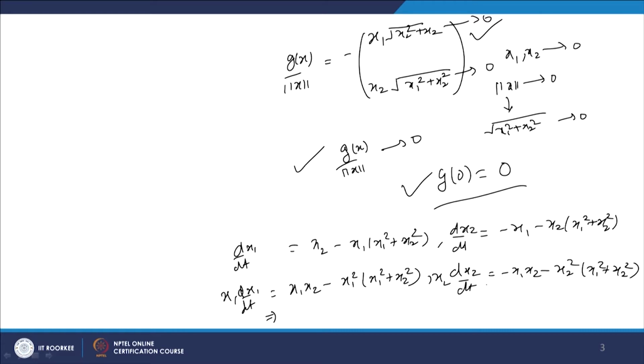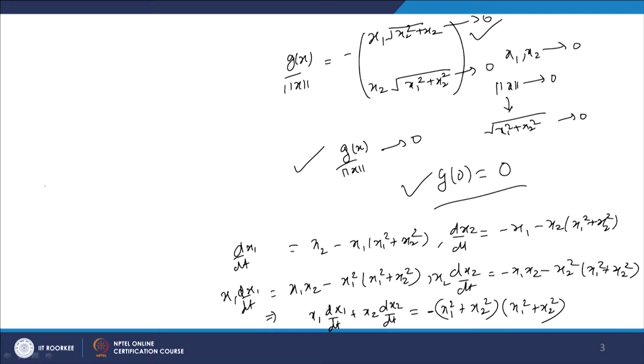When you add these two, x1 dx1 by dt plus x2 dx2 by dt equals minus, x1 x2 cancels out, minus (x1 square plus x2 square), you can take it out, and we have x1 square plus x2 square again. So x1 dx1 by dt plus x2 dx2 by dt equals minus of (x1 square plus x2 square) whole square.